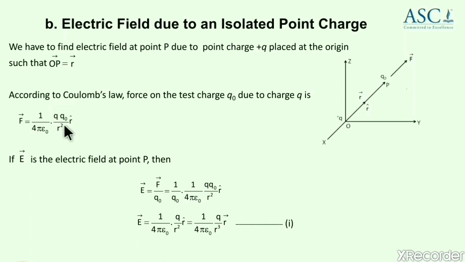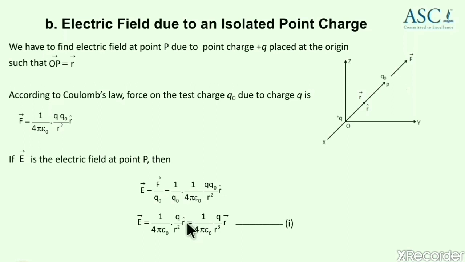Now, for F from Coulomb's law, you can write this expression here, so in place of F, 1 by 4 pi epsilon naught Q Q naught by R square into R cap, and the Q naught in the denominator remains as it is. Now you can cancel Q naught and Q naught, and you are left with the expression 1 by 4 pi epsilon naught Q by R square into R cap. That is the electric field expression in vector form, both magnitude and direction wise.